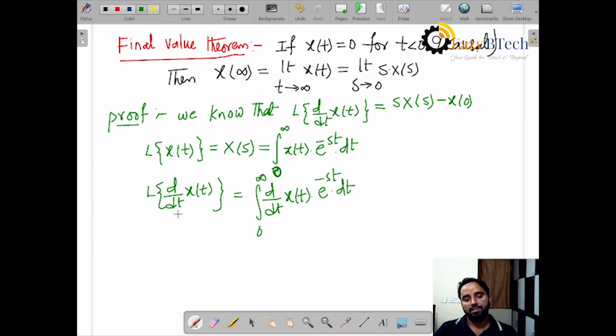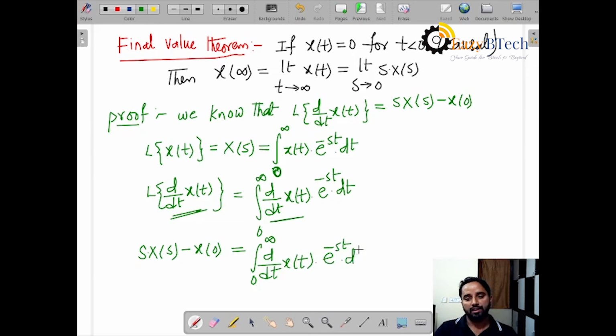Now, in place of the left side, the Laplace transform of d by dt of x of t, we know this is s into X of s minus x of 0. So s into X of s minus x of 0 is equal to the integral from 0 to infinity of d by dt of x of t into e power minus st dt.